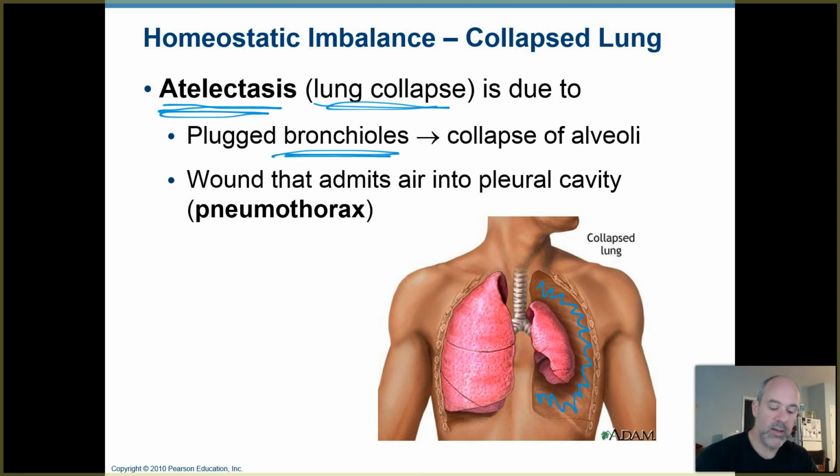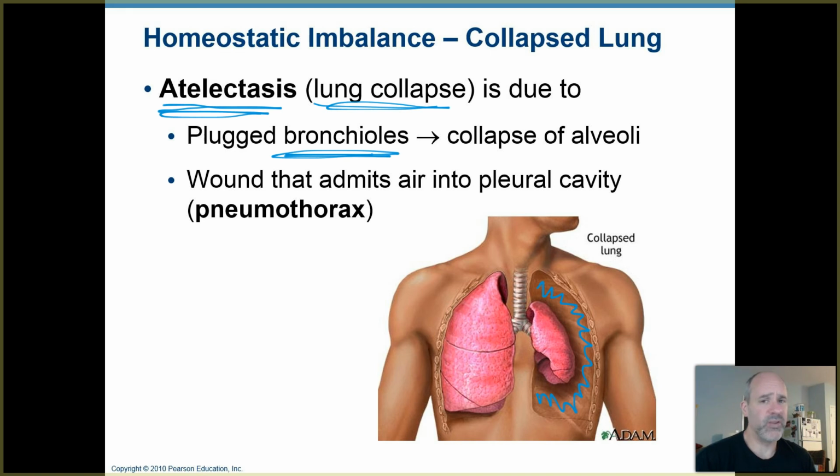One is if bronchioles are blocked. Those tiny bronchi lead to bronchioles, which lead to alveolar ducts, which lead to your alveoli if you're thinking about the airflow down into the lungs. And so if those are blocked, well, think about it, you can't get as much air down deep inside the lungs.